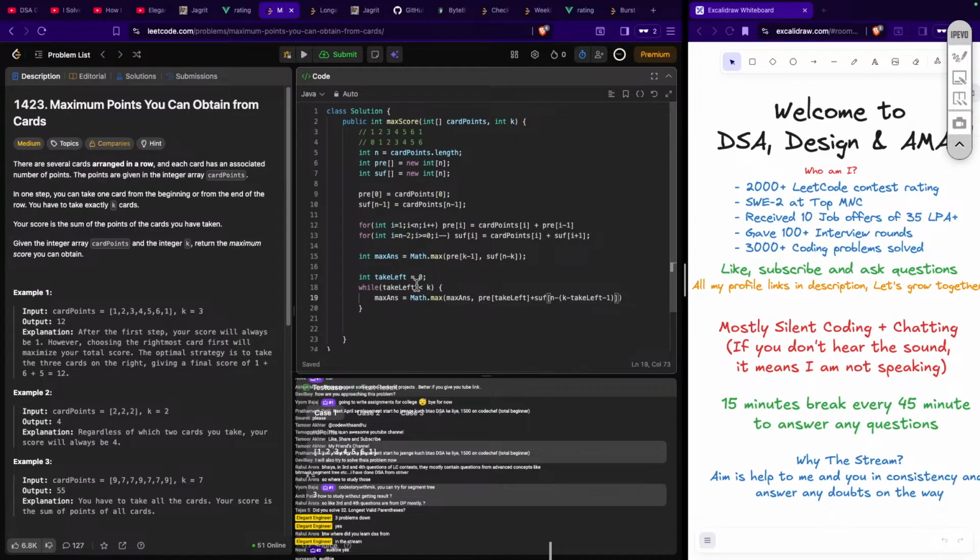So if k is 4, this could be minus 1, so that would be 0, right? And then it will be like minus 1, so that it remains in range, right? So return max answer. I'm not sure whether this will work. It is my intuition. It could be wrong as well.